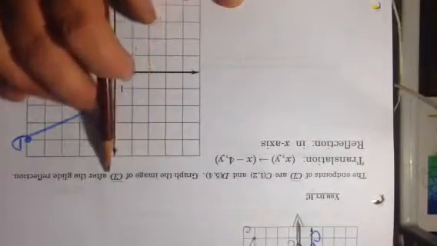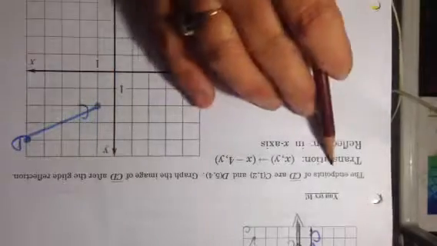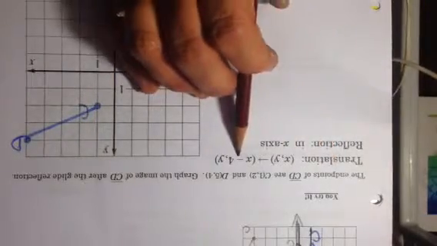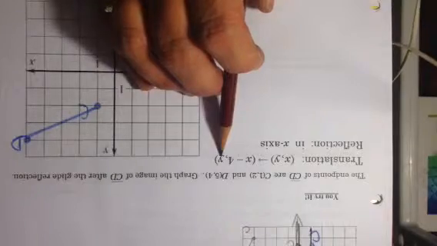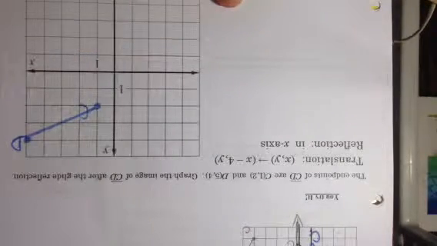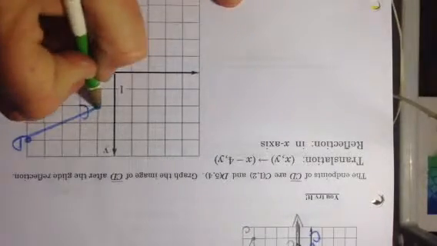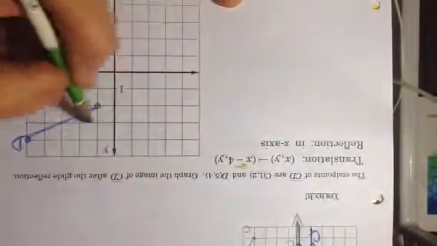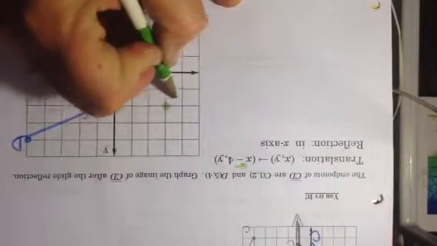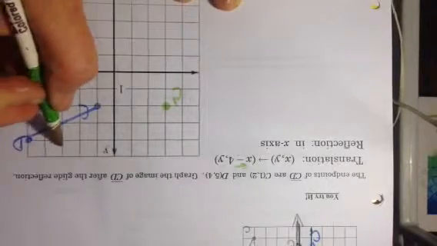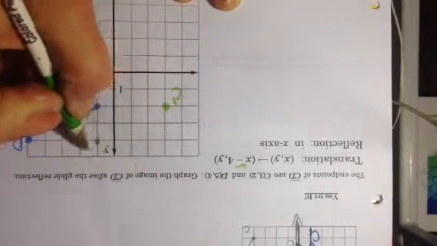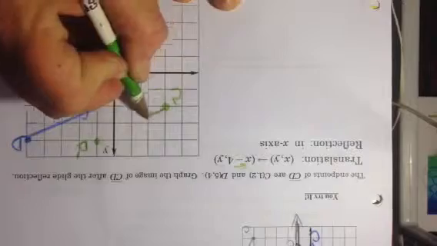It says graph the image of CD after the glide reflection. Translation: x minus 4 and y doesn't move. So I'm going to move minus 4, that would go to the left, and y stays the same. So 1, 2, 3, 4, and I do not go up or down, and that is C prime. 1, 2, 3, 4, D prime. So there's the line segment.